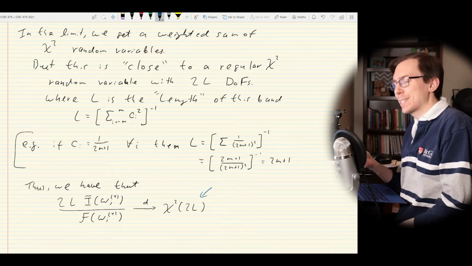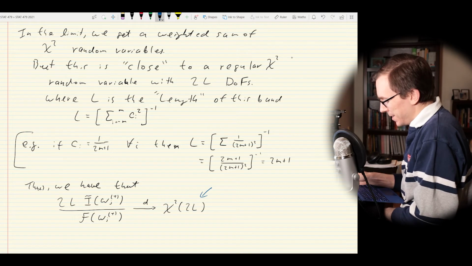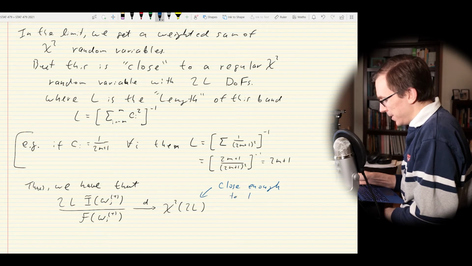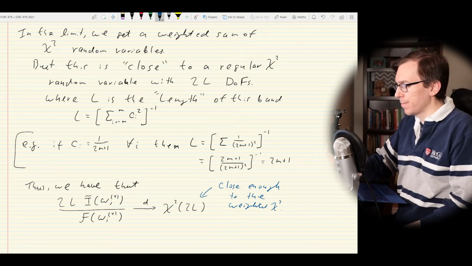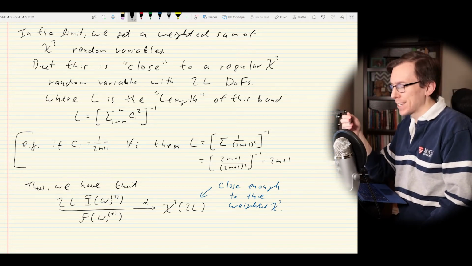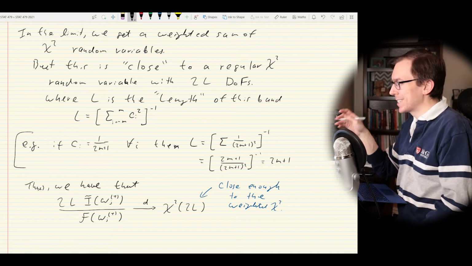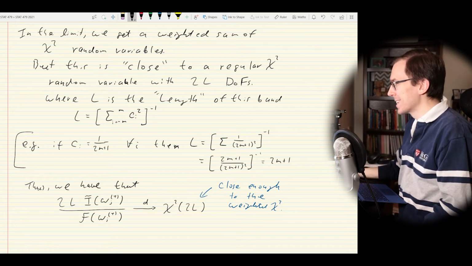There's no approximate convergence. Close enough, I guess, to the weighted chi-squared distribution. The sum of a bunch of weighted, or I guess the weighted sum of a bunch of chi-squared distributions.